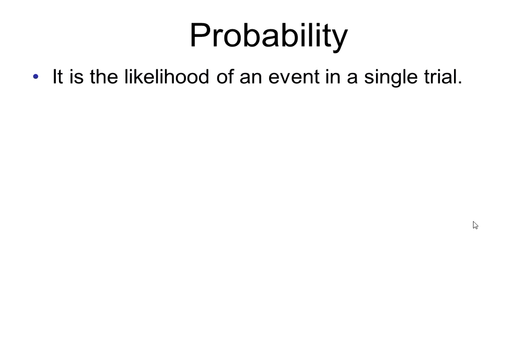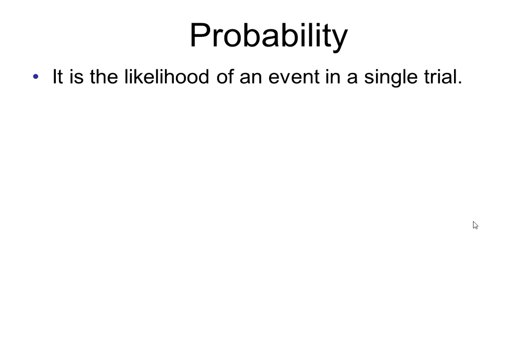Now let's take a look at the concept of probability. You might have already heard of probability, because it's a useful concept that is applied to many different disciplines. So what is a probability? A probability is the likelihood of an event in a single trial.